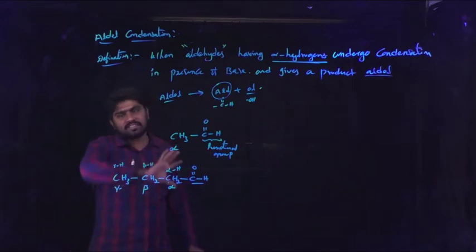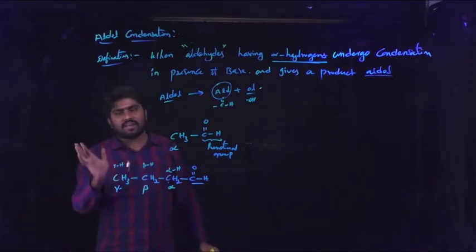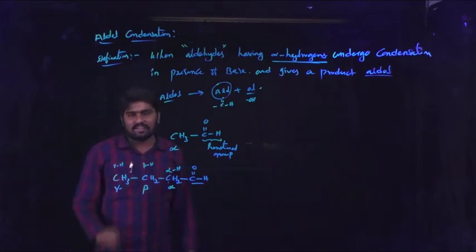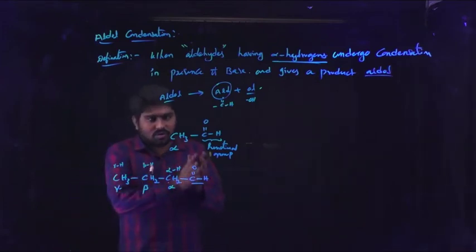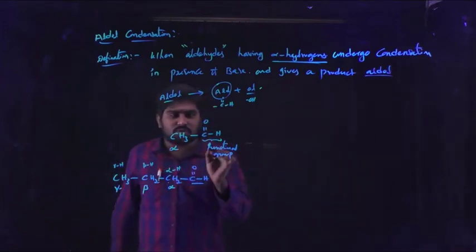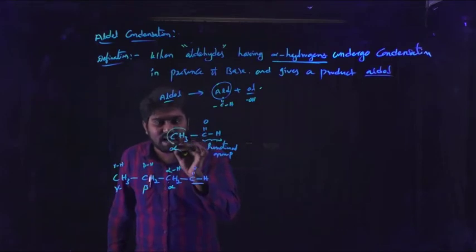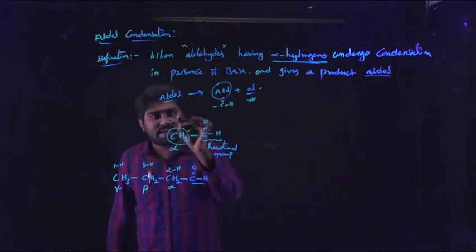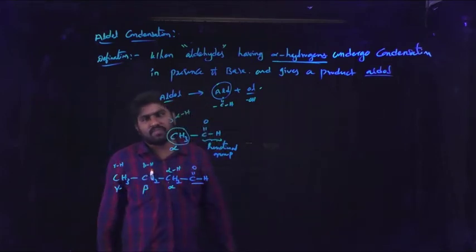I will show some examples, and after that I will write the reaction. Now coming to the functional group. This carbon atom has 3 alpha hydrogens. Just look at that.